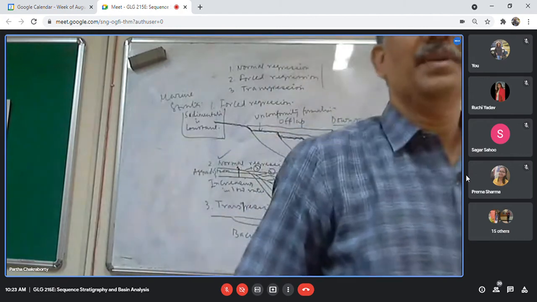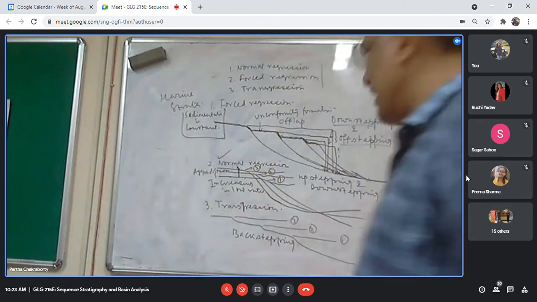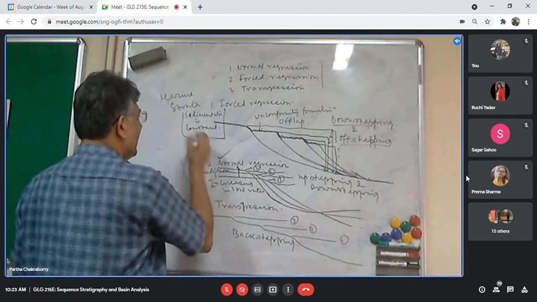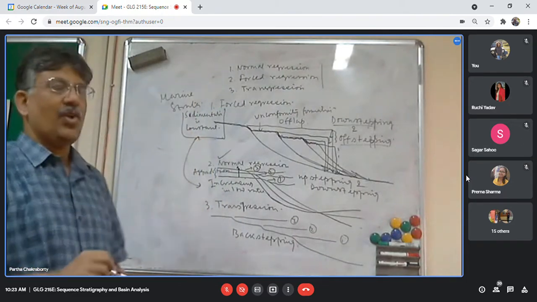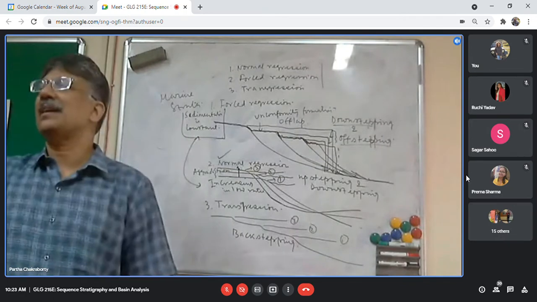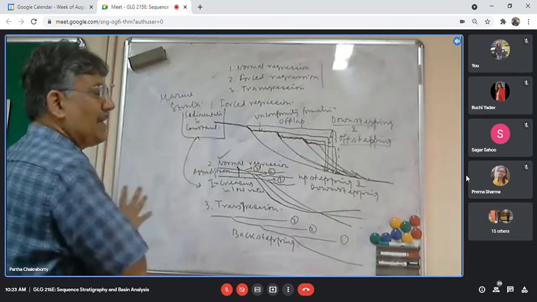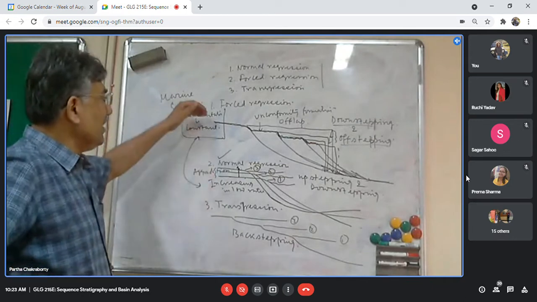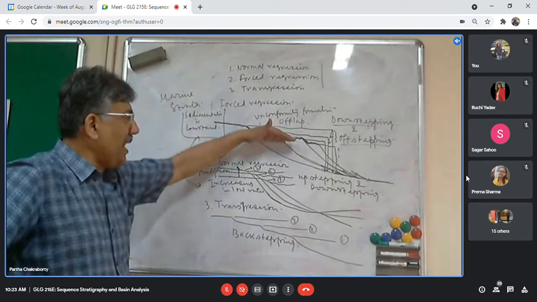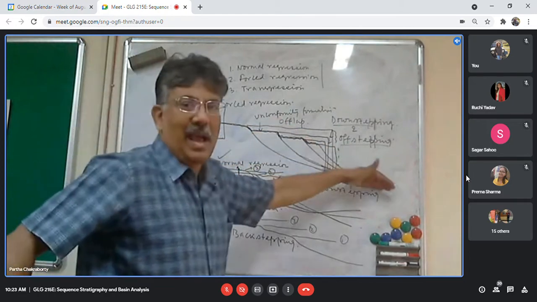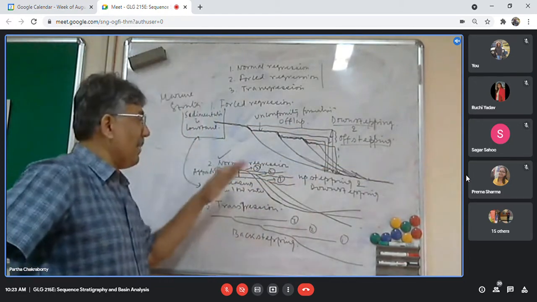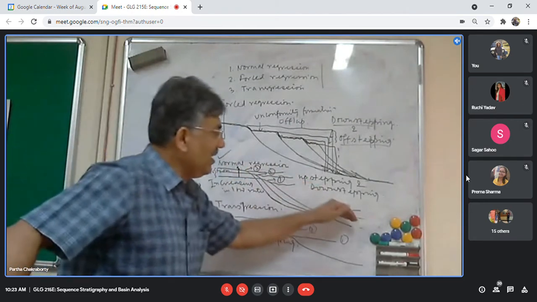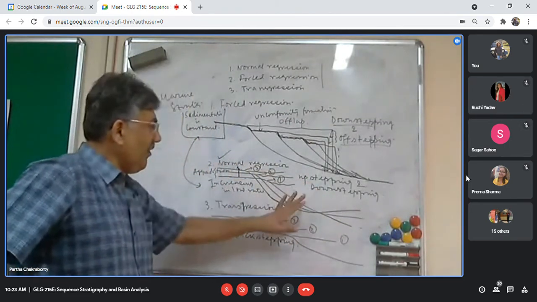What is the difference between forced and normal regression? When I am seeing a seismic transect or working in the outcrop field, in one case there is an uplap and a downlap, but here there is aggradation or upstep and downstep. These are the fundamental differences.